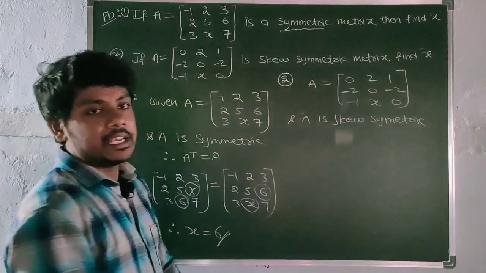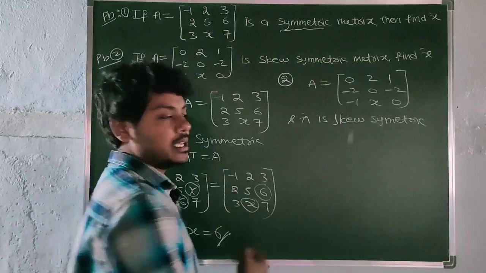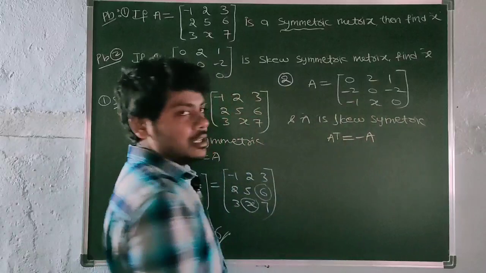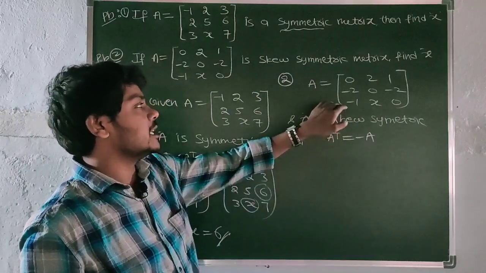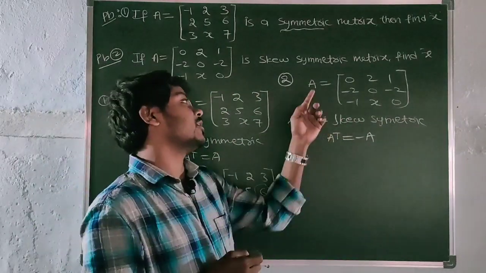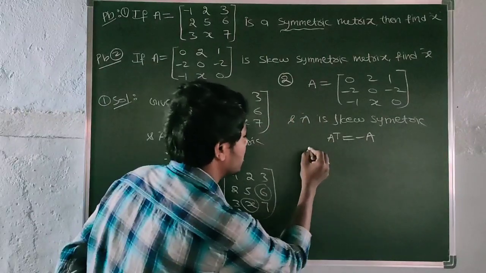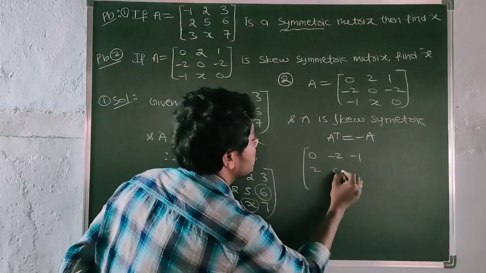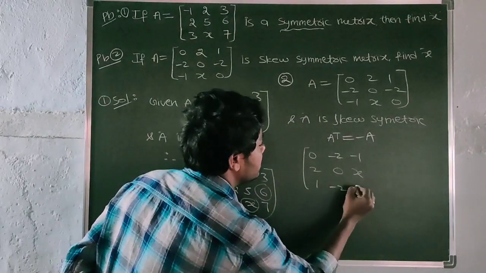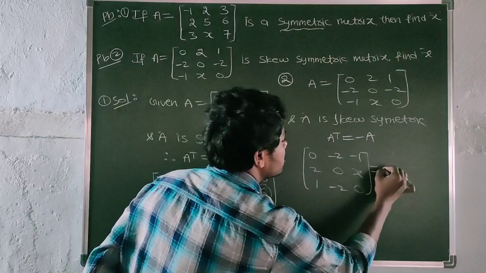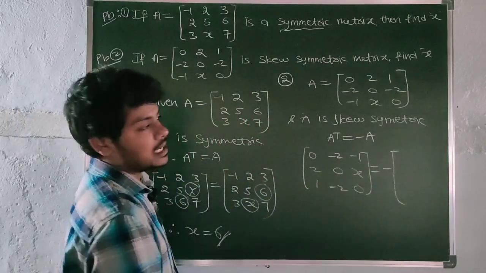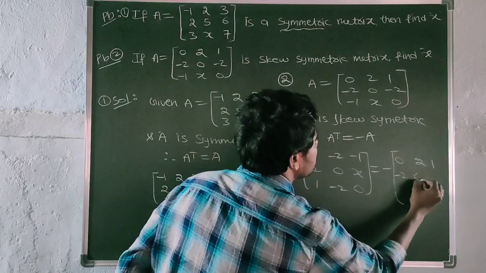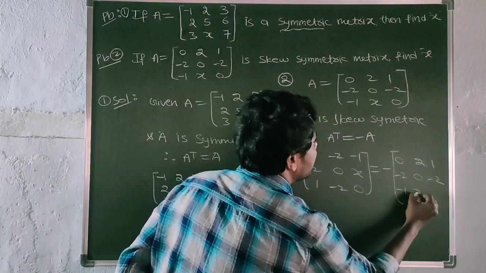So that means A transpose is equal to minus A. So here A transpose, interchanging the rows and columns of matrix A, is 0, minus 2, minus 1, 2, 0, X, 1, minus 2, 0, is equal to minus of matrix A, that is 0, 2, 1, minus 2, 0, minus 2, minus 1, X, 0.